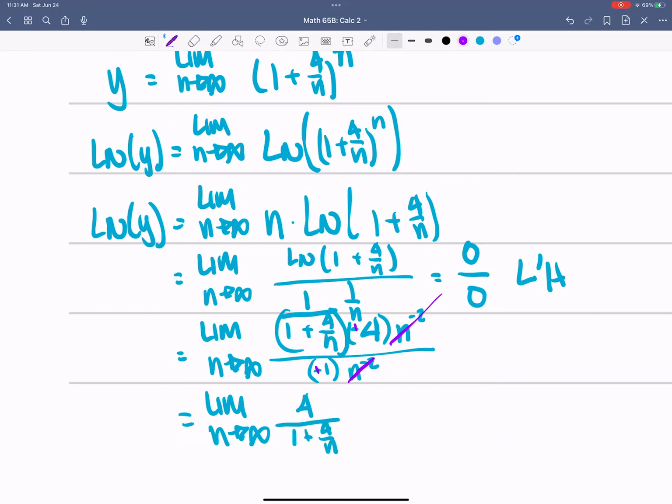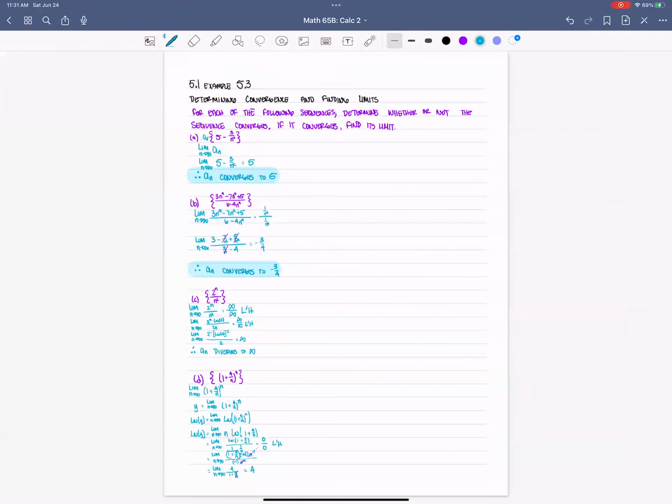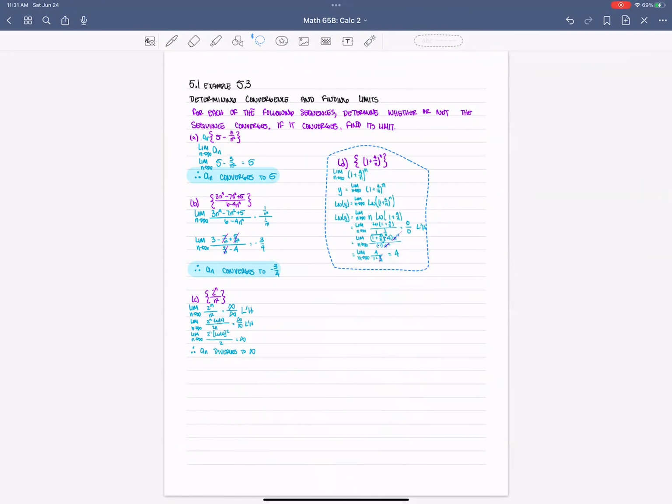So this goes to 0. We end up with 4 over 1, which is just 4. We ran out of room down here, let's move this over.